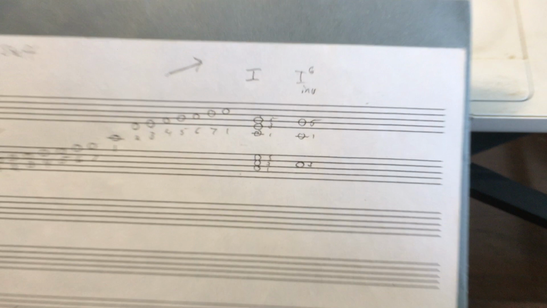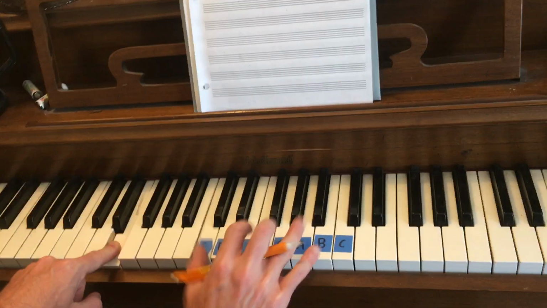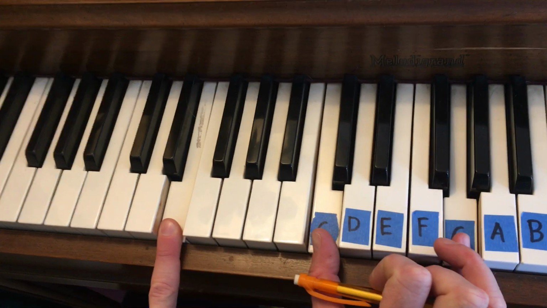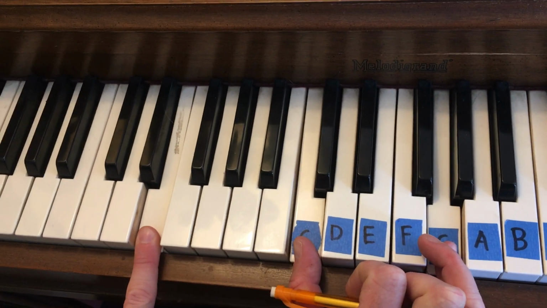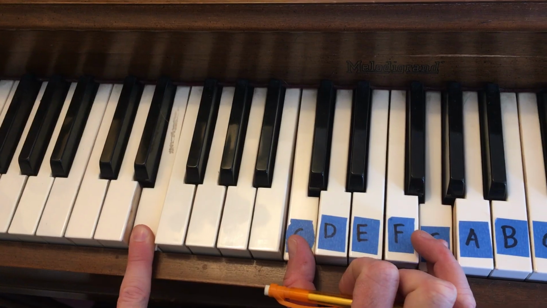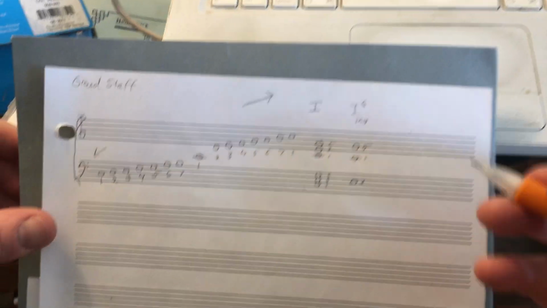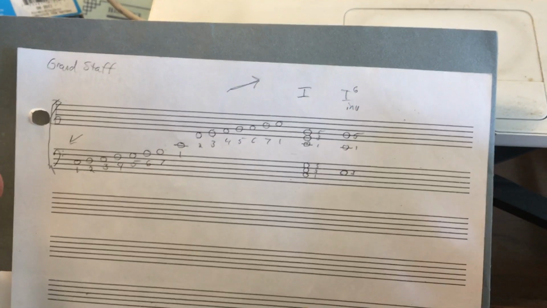So that chord right there, E on the bottom, C, G. That is the 1 chord. It's called the 1-6 chord, right? First inversion of the chord. So any 1, 3, or 5 in any configuration, any inversion, is going to still be the 1 chord.